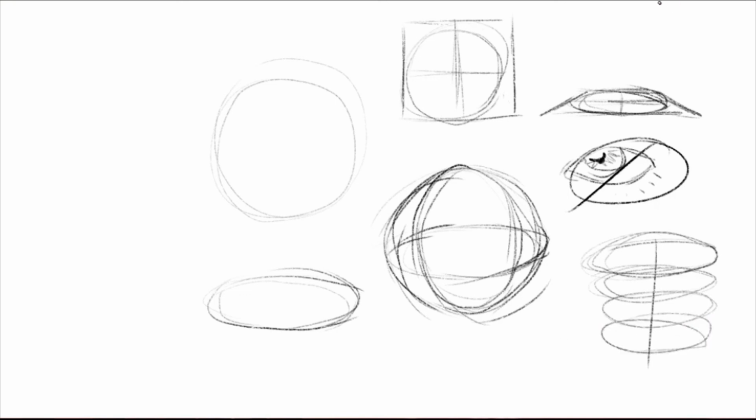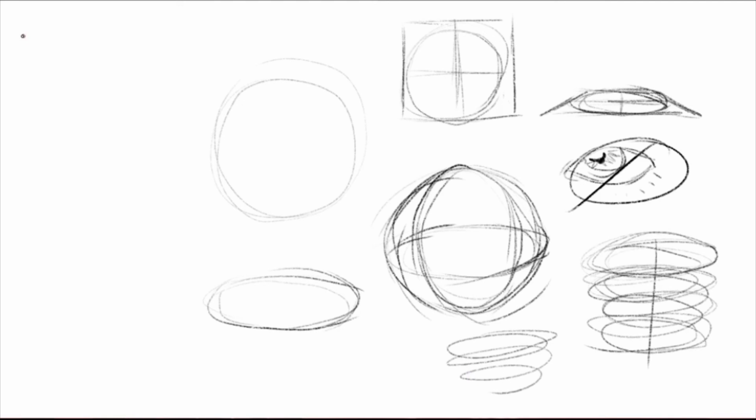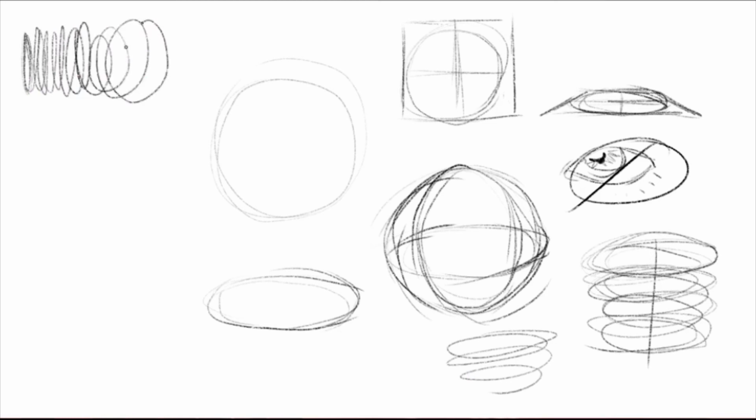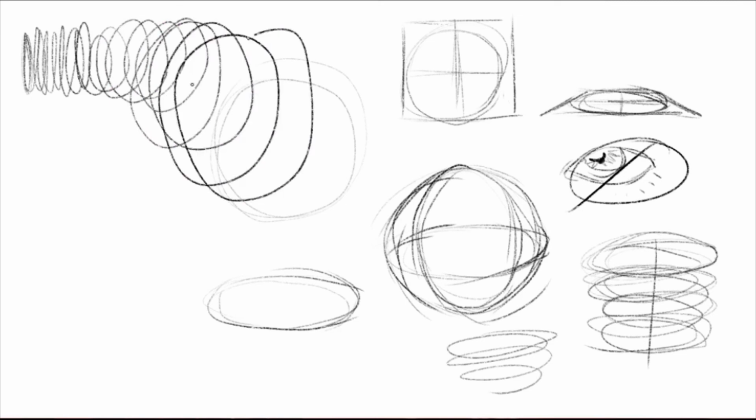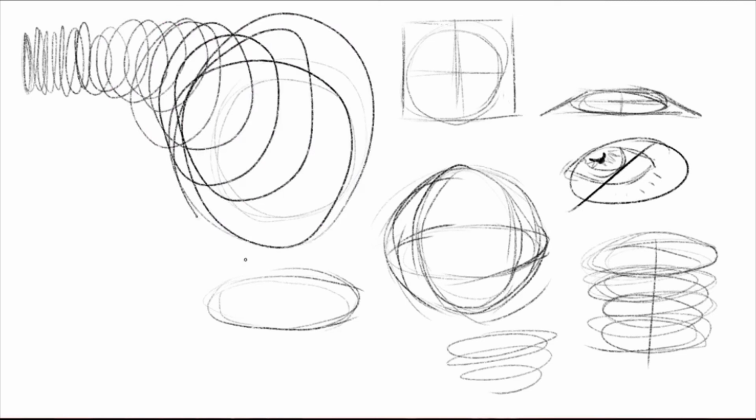Okay? You can even play an easy game. If you look at this, this almost looks like a spiral or a slinky. So, we can play a game where we make those slinky coils, and as we come around the corner, we make them bigger, because that means they're coming towards us in space.